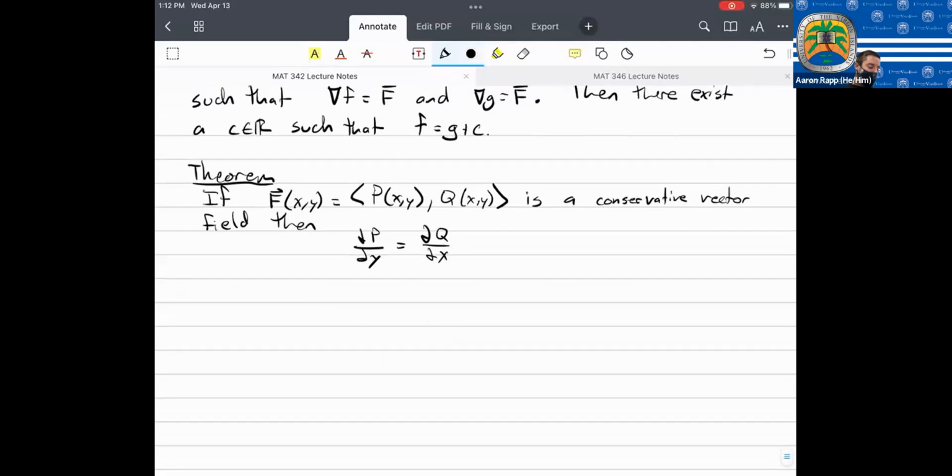Now, if I go to 3 dimensions, it's going to be a similar statement. Oops.